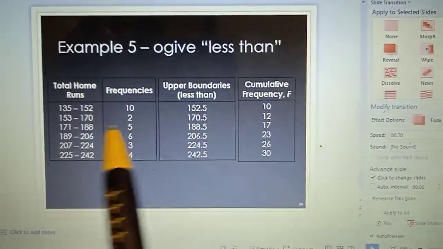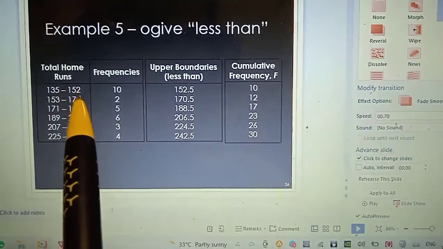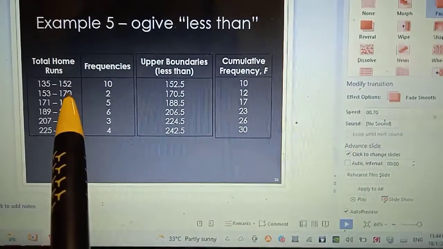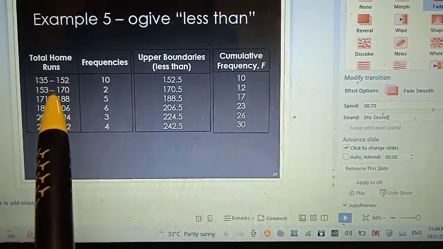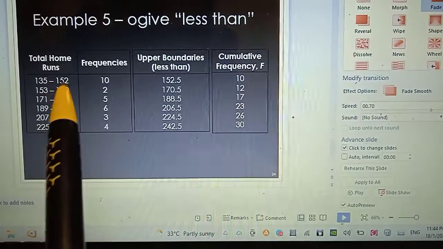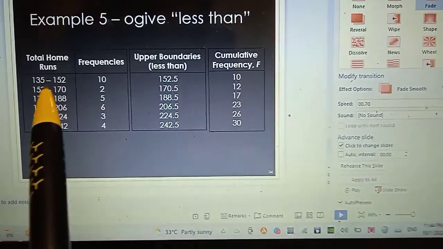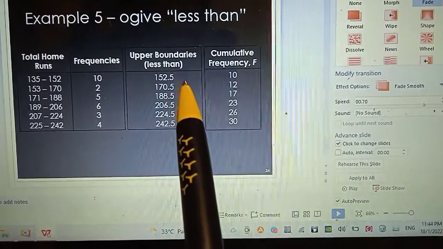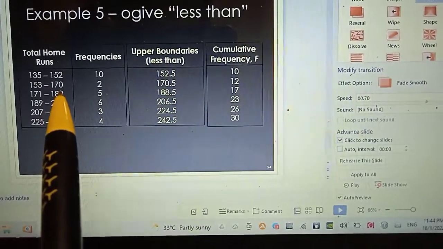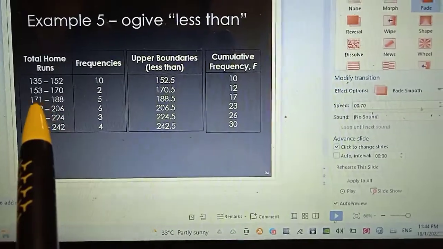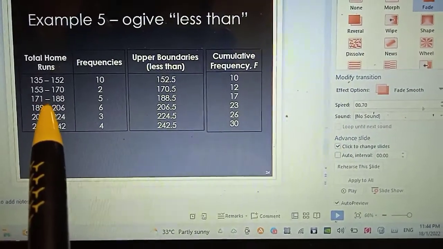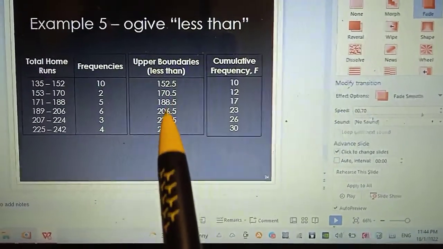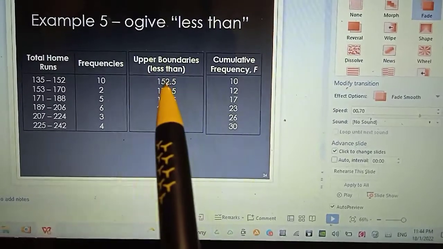The upper boundary for each class is the midpoint between the upper boundary, 152, and the lower boundary of the next class, 153. Divided by 2, the midpoint is 152.5. And 170 and 171 divided by 2 gives an upper boundary of 170.5, and so on. So these are called the upper boundaries, less than.